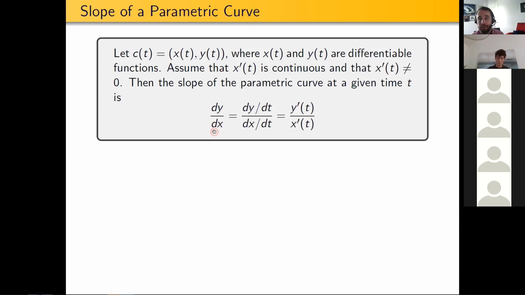And notationally, I can think of that as dy over dt, the change in my y function with respect to a small change in time, divided by dx over dt, the change in our x value over a small change in time. And that will translate down to y prime of t over x prime of t. And so the picture that we can have in our mind is this.